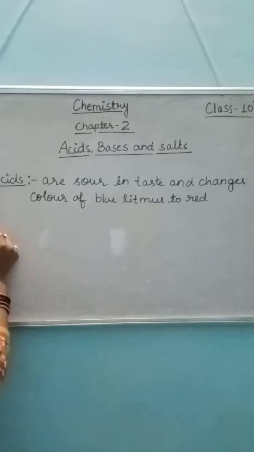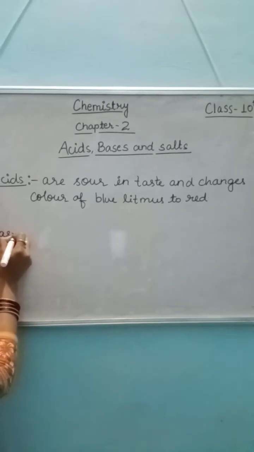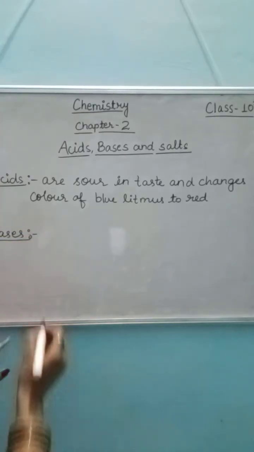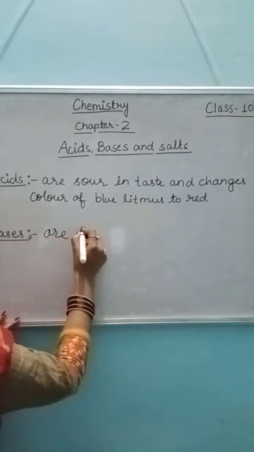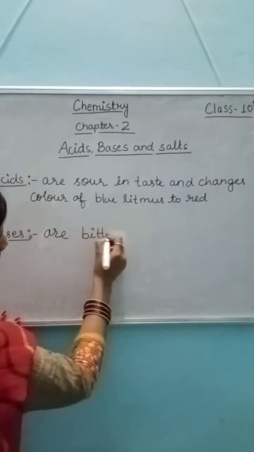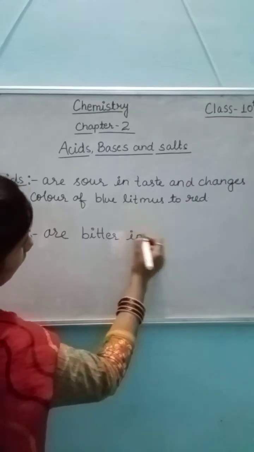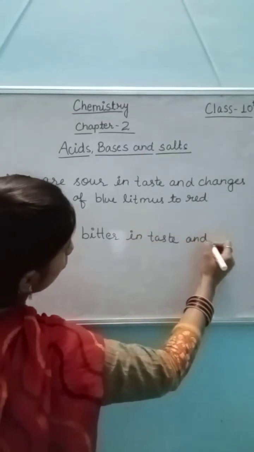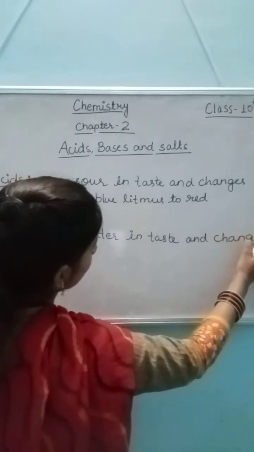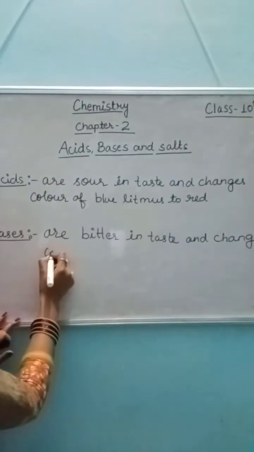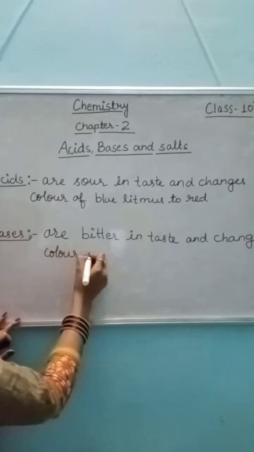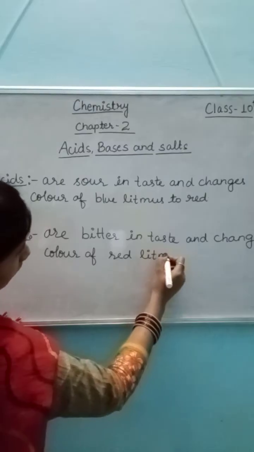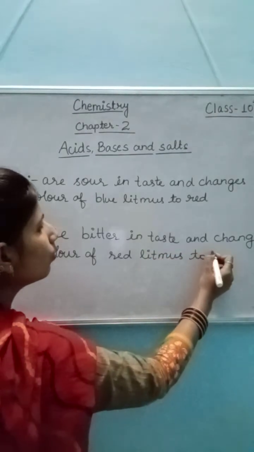Now bases. What are bases? Bases are bitter in taste and change the color of red litmus to blue.